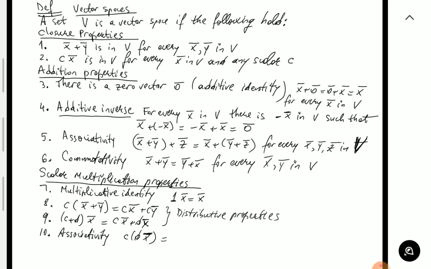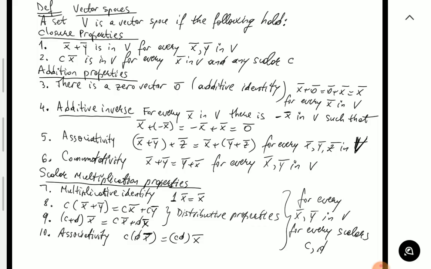That should be equal to, you can group cd as a scalar and then scalar multiple with x. So again, these should hold for every x, y in V, and for every scalars c and d.